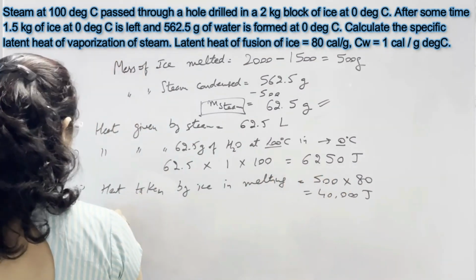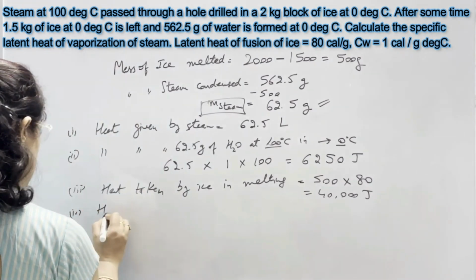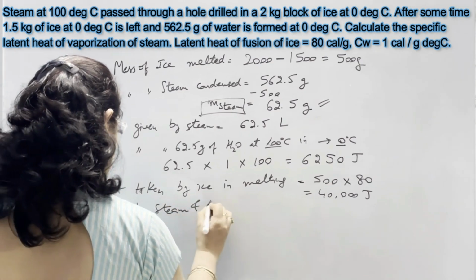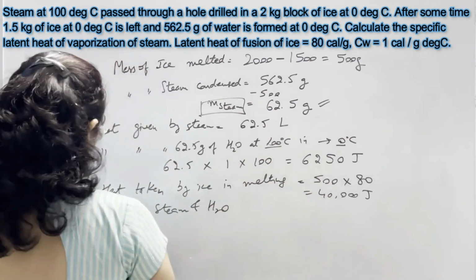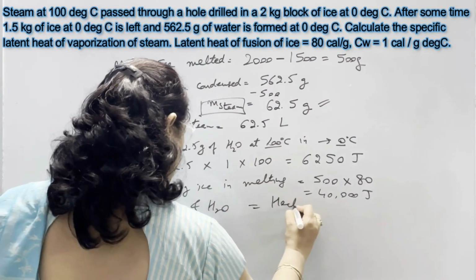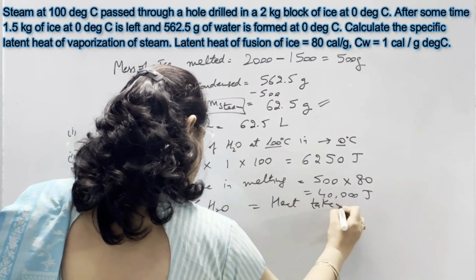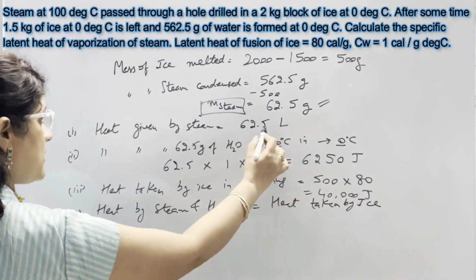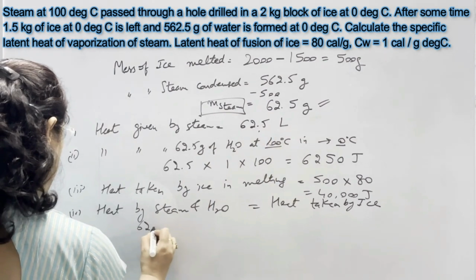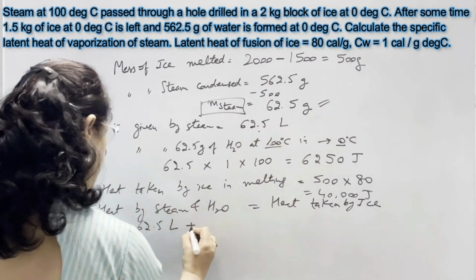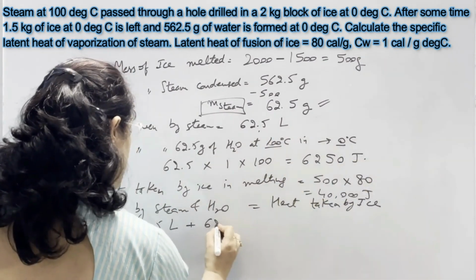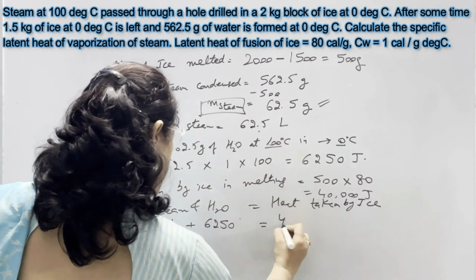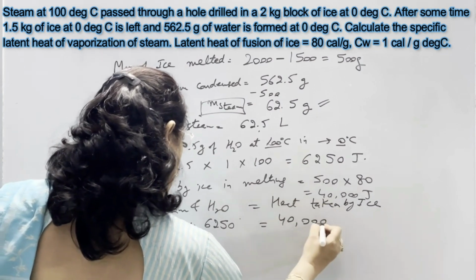Now heat given by steam and water both. Heat given by steam and water both is equal to heat taken by ice. So heat given by steam is, first is 62.5 L, and then second is this much 6250 joule, and it is equal to heat taken by ice is 40,000.